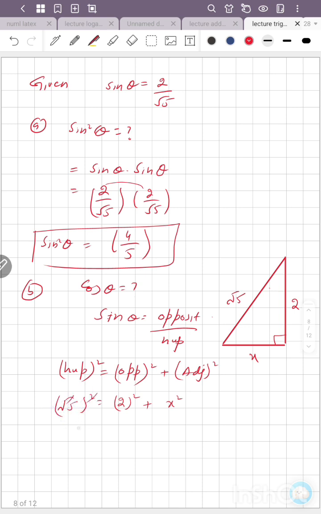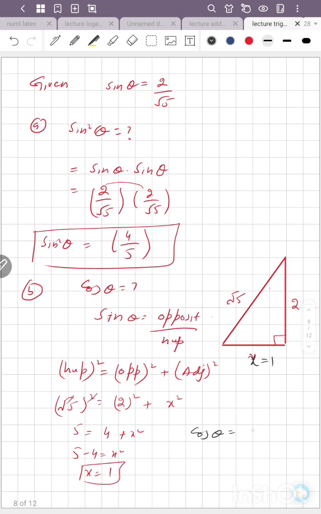So these squares cancel. 5 equals 4 plus x square. So 5 minus 4 equals x square, x equals 1. Okay dear friends, we got x equal to 1.